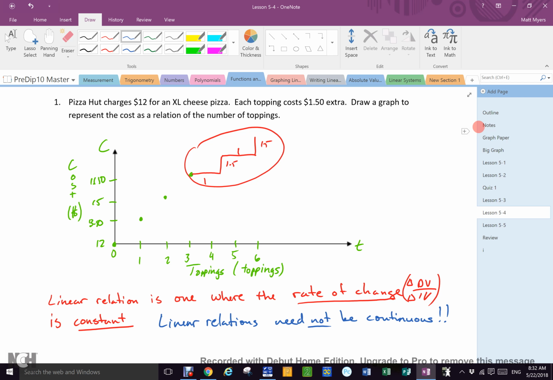A graph is one. Linear relations can be represented by a graph. What's the other way that's on the screen right now? How did we draw the graph?